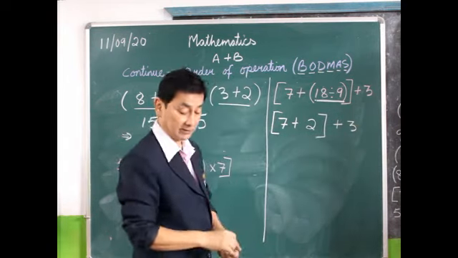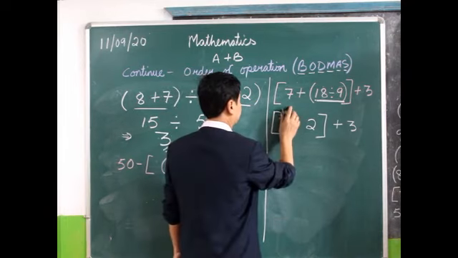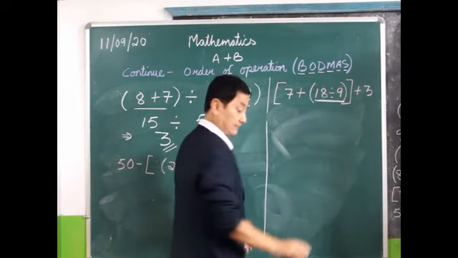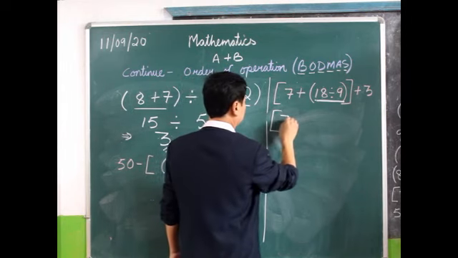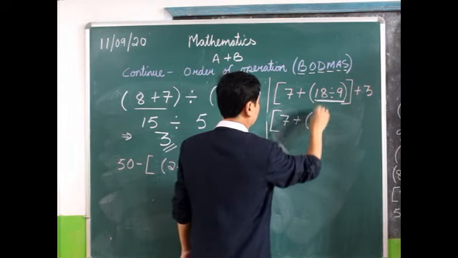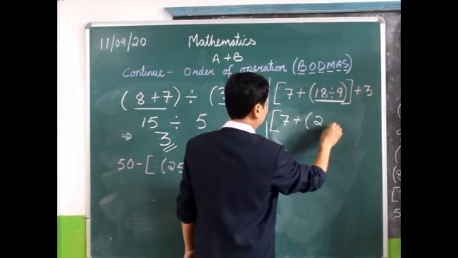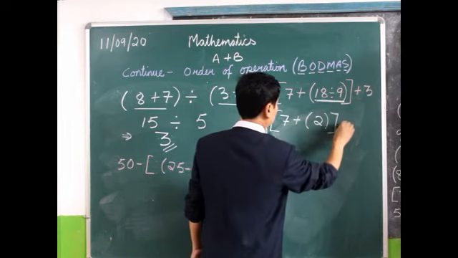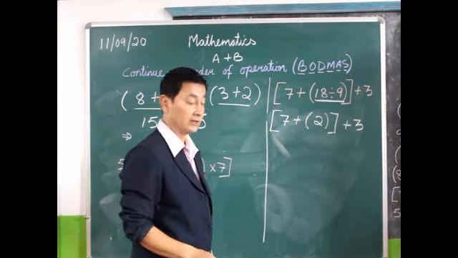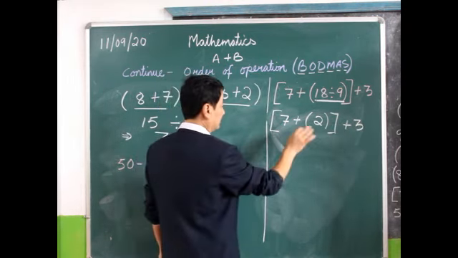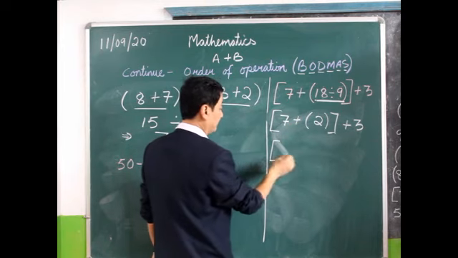Now this sum can be done like this also. One more step. Some of you may get mixed up. So plus 2, 9 goes into 18 2 times, plus 3, because we have to multiply, okay? So let's do this step also. Or you can do it the previous way.